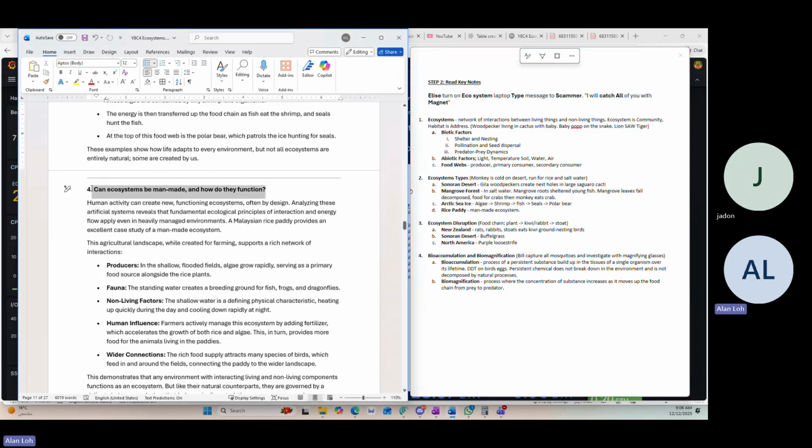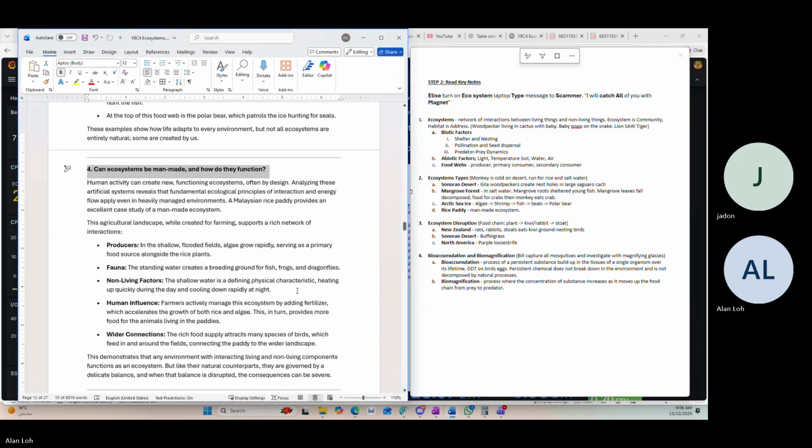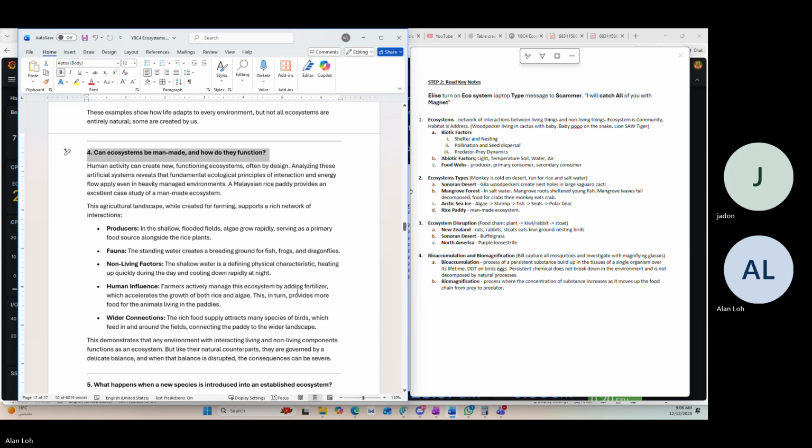Question 4. Which drawer? Give a guess. Lower number.